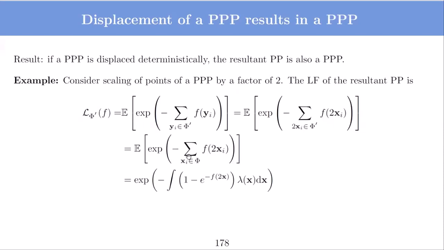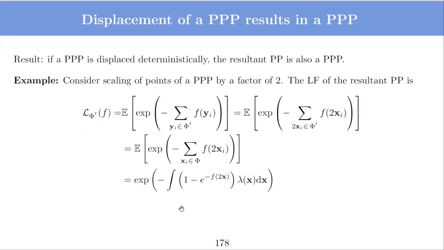Because phi is a Poisson point process, I can apply the Laplace functional and I get exponential of minus the integral of 1 minus e to the minus f(2x) times lambda(x) dx. So this is the Laplace functional of the function f(2x) of a PPP with density lambda. But note that what I get is the Laplace functional of the function f(2x), not of f. So we cannot say that because this is a Laplace functional of f(2x), this is a Poisson point process.